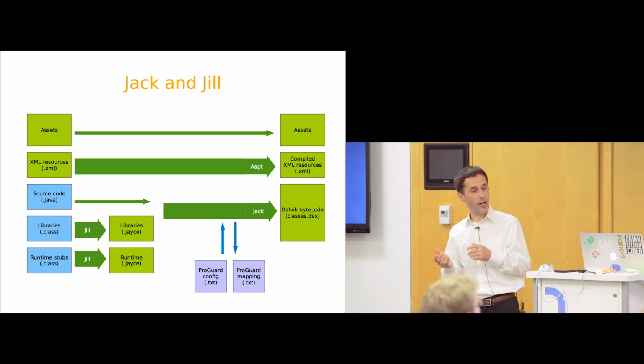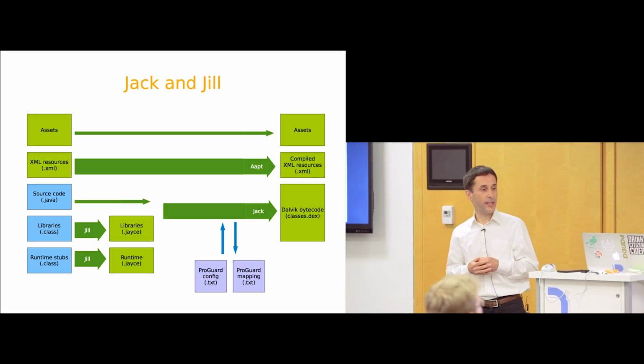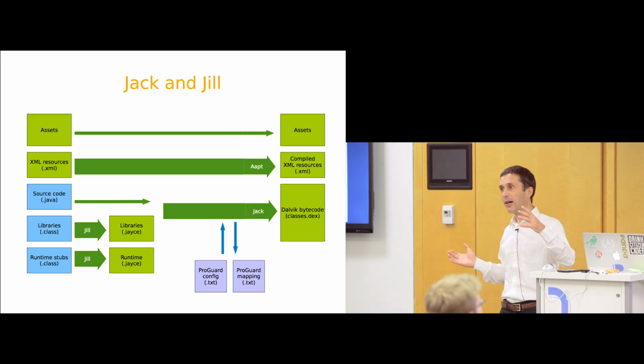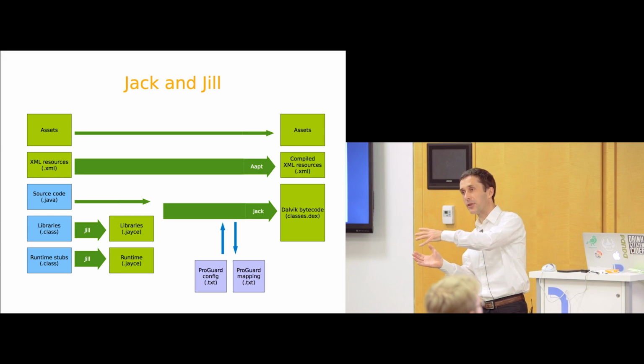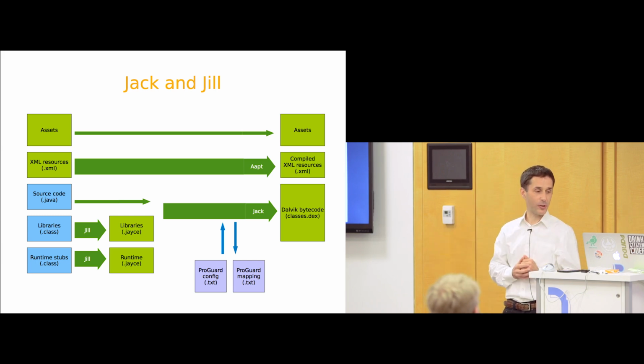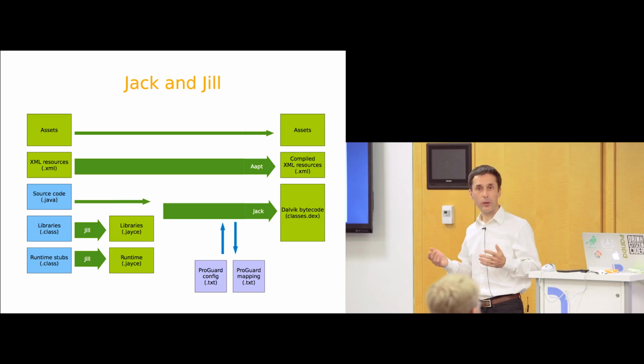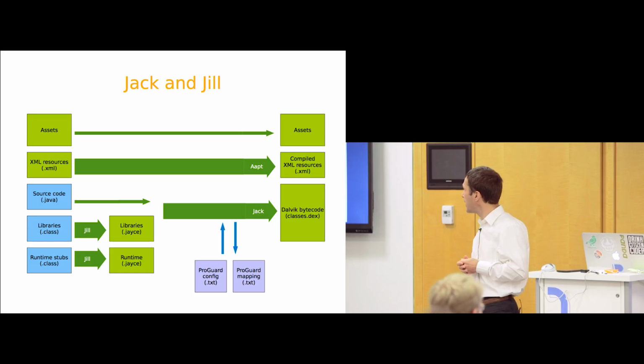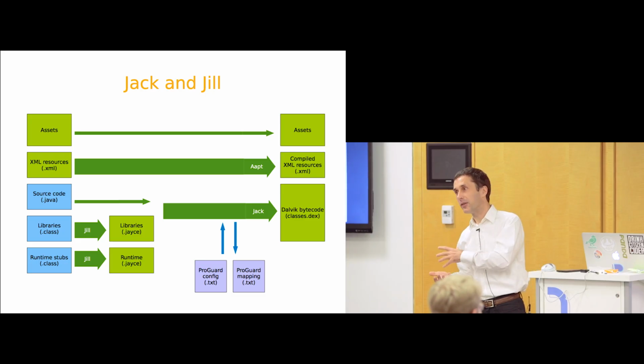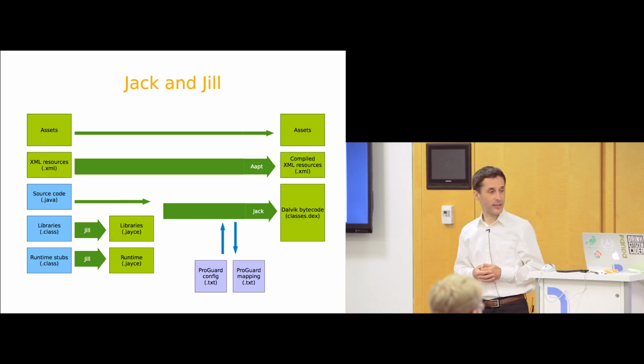And the Jack compiler does understand this new format, and it can compile everything together with your own source code to the Dalvik bytecode. At the same time, Jack contains the functionality of ProGuard. It can shrink and obfuscate, and it can read the same ProGuard configuration files, and it can write out the same ProGuard mapping files.